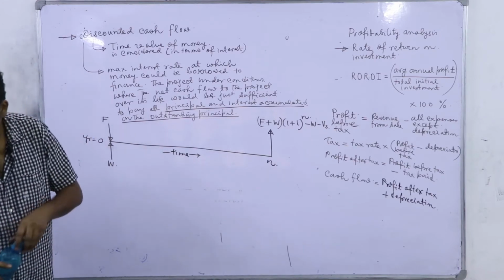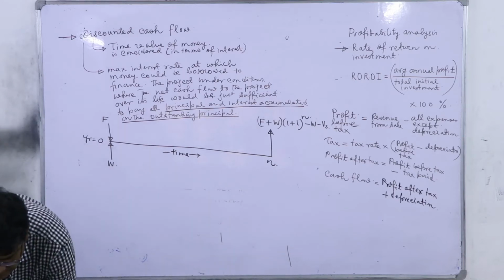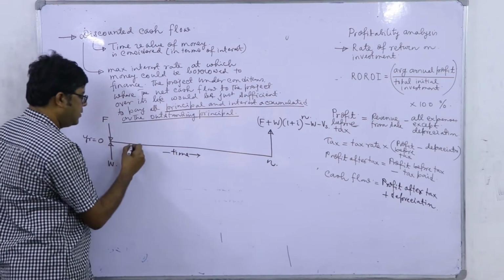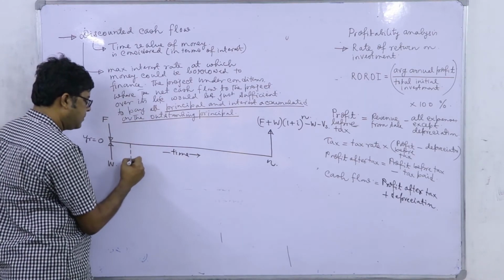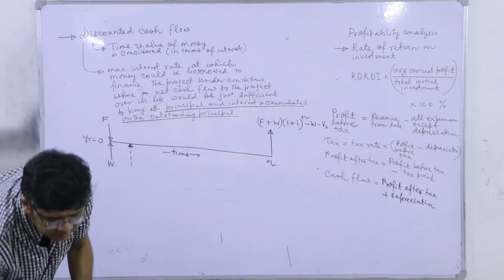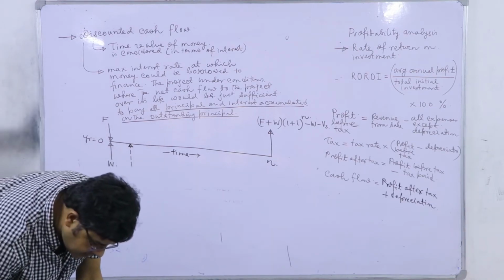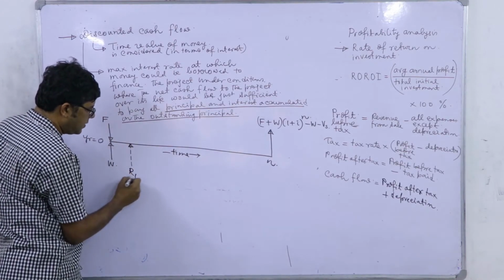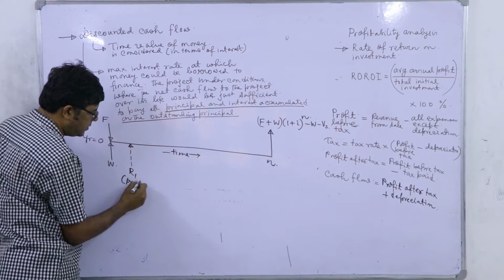Now, you see in the beginning, at the end of year 1, there will be cash flow to the company, predicted after tax cash flow, say it is R1. So, what is that?